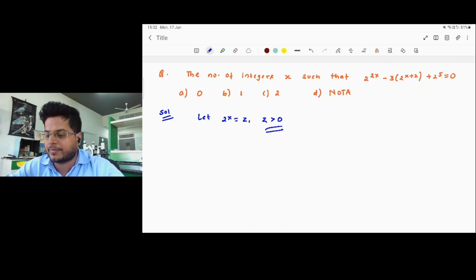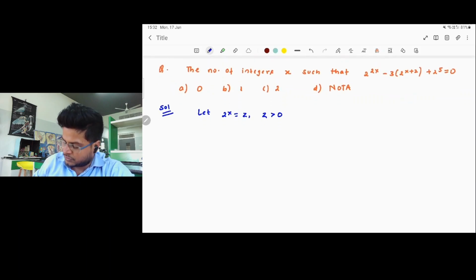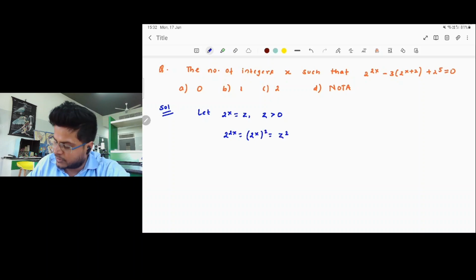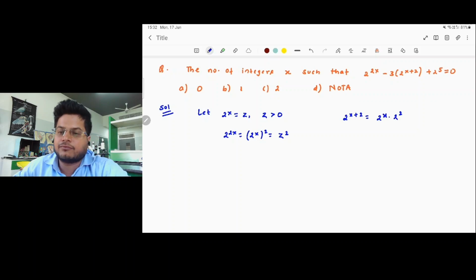So if 2 power x equals z, then 2 power 2x will become 2 power x whole square, which we can write as z square. Similarly, 2 power x plus 2 can be written as 2 power x into 2 square. We know that a to the power m into a to the power n can be written as a to the power m plus n.